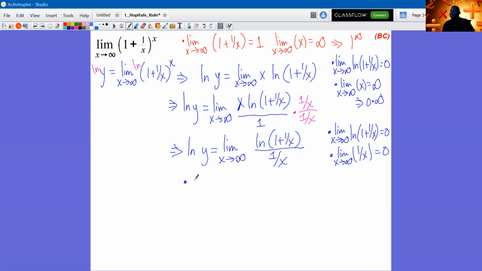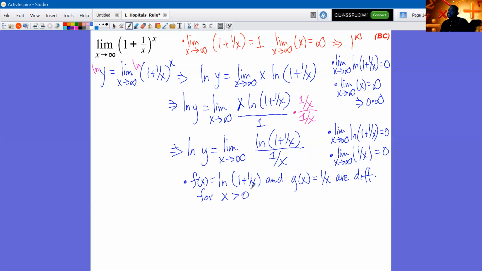So we know that f is natural log of 1 plus 1 over x, and g of x is 1 over x, are differentiable for x greater than 0.